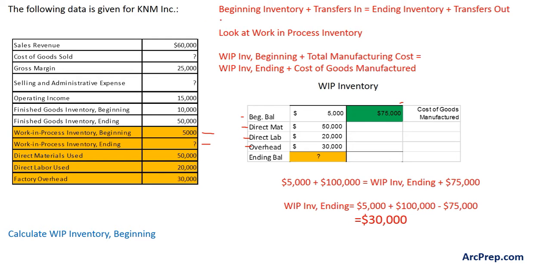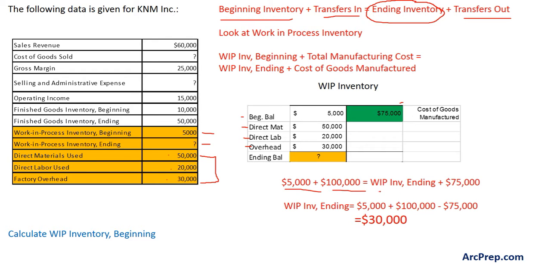So I know beginning inventory, I know transfers in, direct material, direct labor, and factory overhead. I know transfers out. I can calculate ending inventory right here. So the beginning balance was 5,000. We are adding 100,000. That 100,000 is again total manufacturing cost, which is the sum of these three: direct material, direct labor, and factory overhead.